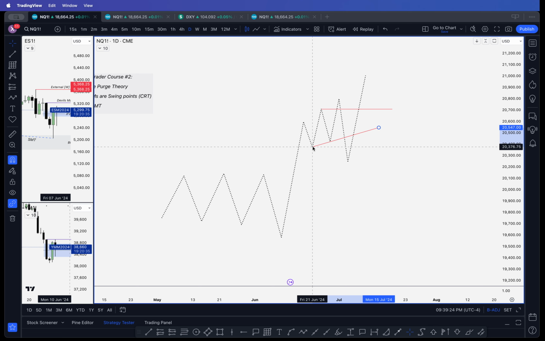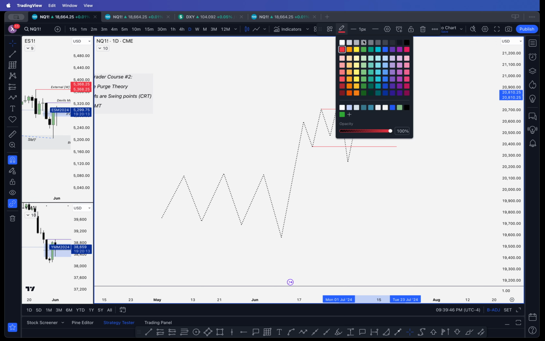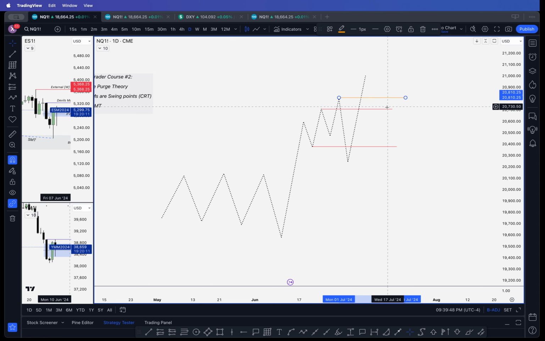Something like this. And this would be your double purge, wherein you take the side of liquidity you are eventually targeting, followed by the side of liquidity that opposes that higher time frame draw on liquidity, before eventually creating a low resistance liquidity run to this high. So it looks something like this.